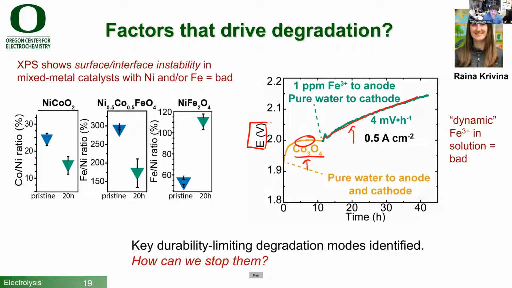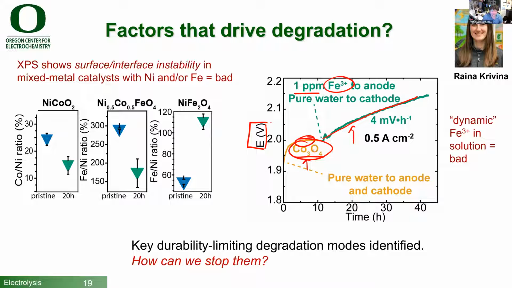We saw actually enhanced degradation with mobile iron, just small amounts of mobile iron. So we have a feeling that dynamic iron coming on and off our catalyst is something we want to avoid. In the alkaline membrane system, this is different than the liquid alkaline system. The liquid alkaline system tends to activate the anode. Here, it seems to be deleterious, bad for durability.